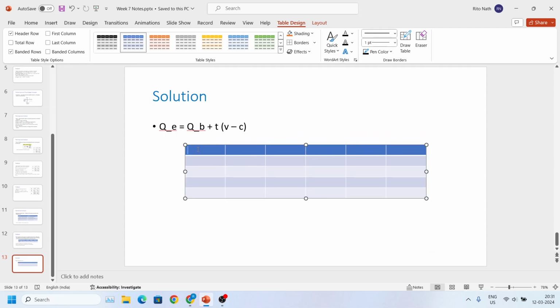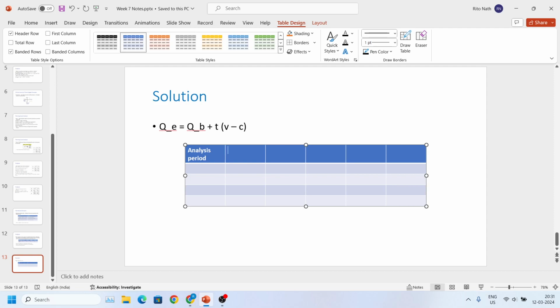Here I'll write down the analysis period, then small t in hours, then V in TPC per hour, next C, actually this small v, then you have QB, and you have QE.